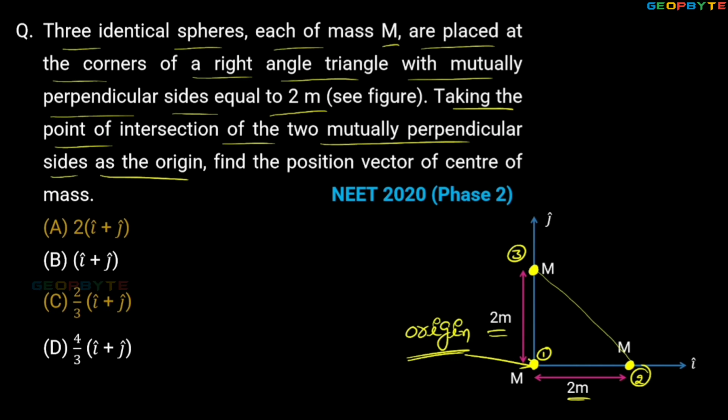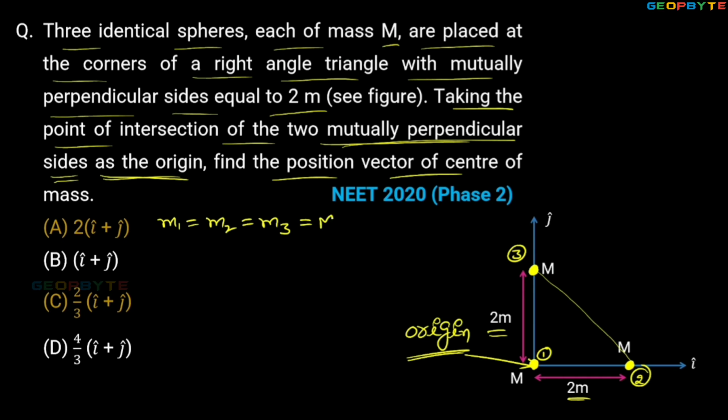We are asked to find the position vector of the center of mass. For that, we need to decide the center of mass about the x-axis and y-axis. First, let us decide m1, m2, m3.